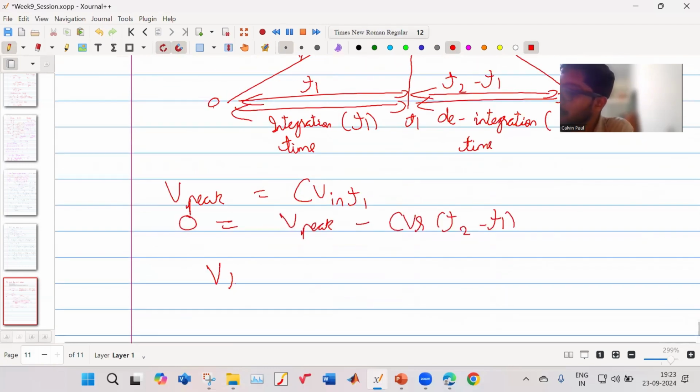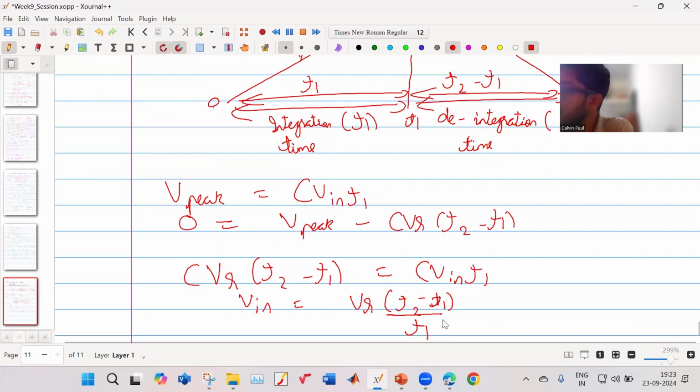So your C Vr into T2 minus T1 is equal to C into Vn into T1. So your Vn is equal to Vr into T2 minus T1 upon T1.